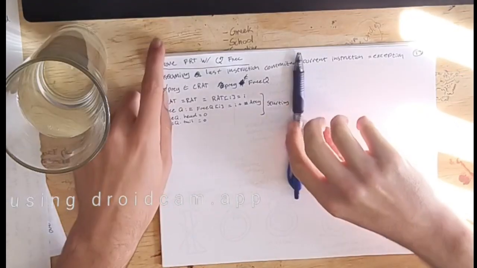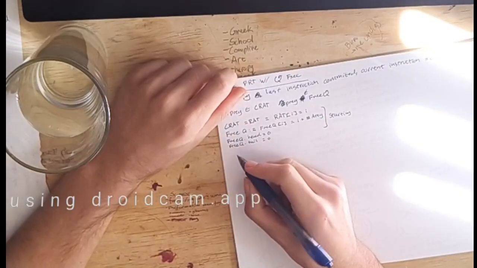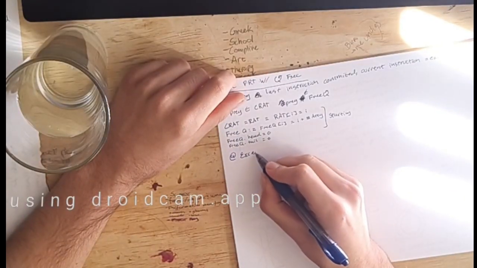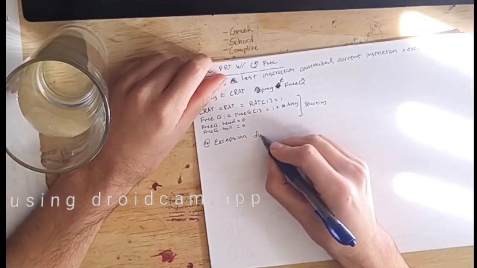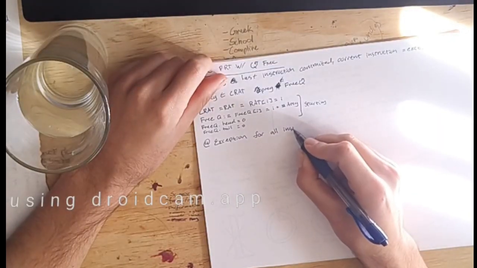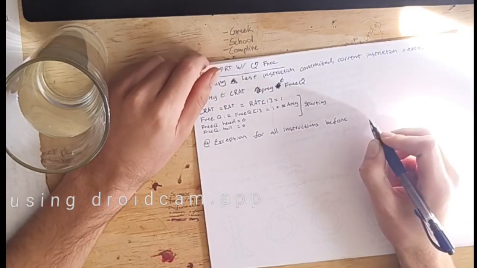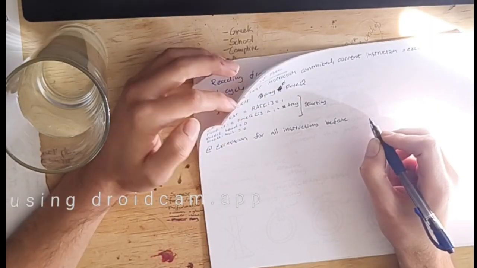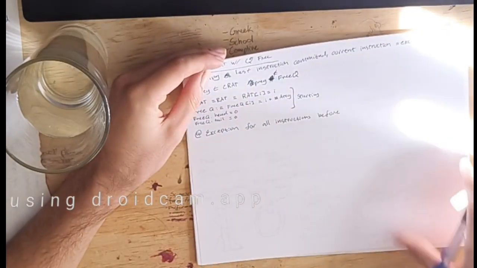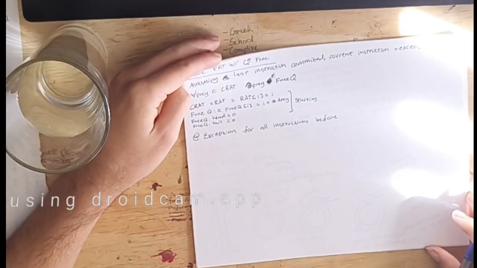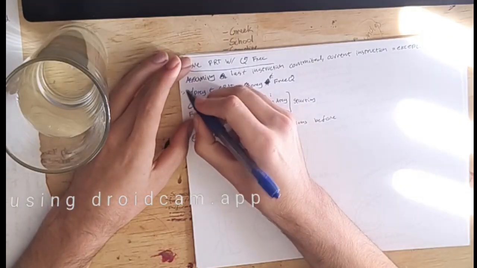So we need to show that at an exception, for all instructions before, let's call this P1, property 1.